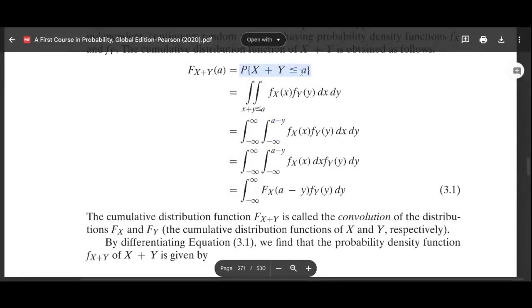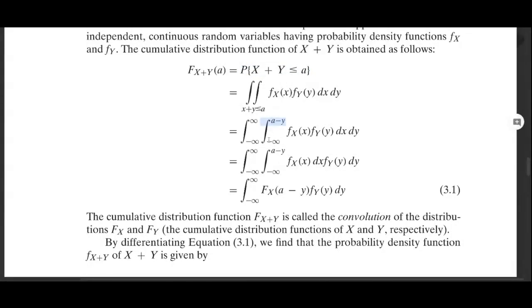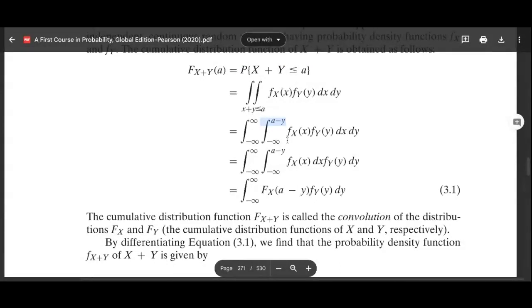Because this one we can write as X less than or equal to a minus Y. So if we rewrite this, that's why the integral for X is going from negative infinity up to a minus Y, because it's less than or equal to.